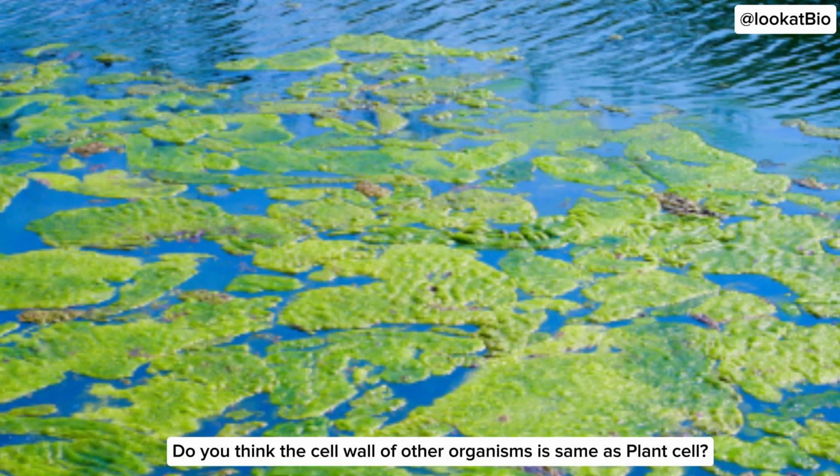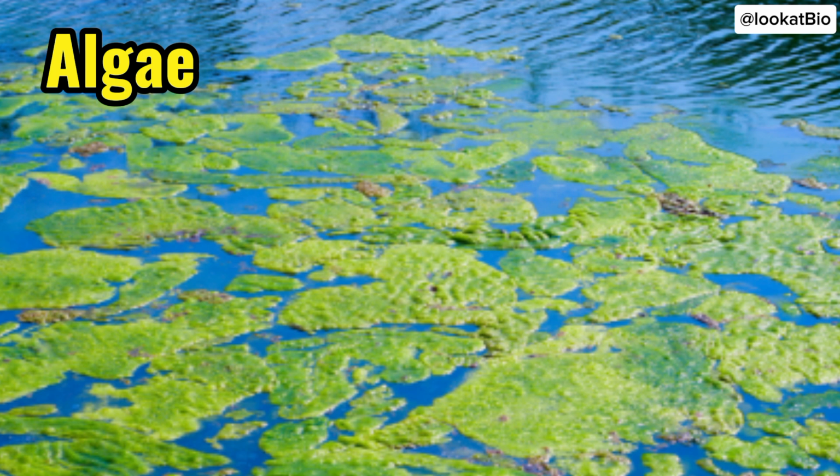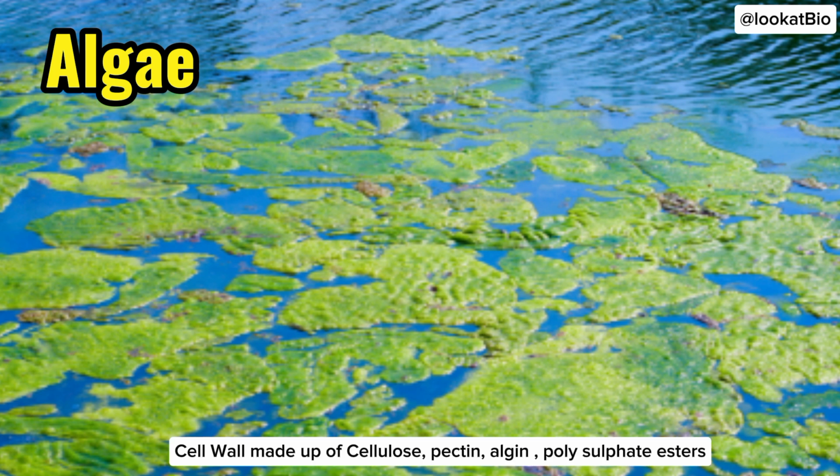Do you think the composition of the cell wall in other organisms would be the same as in the plant cells? Considering algae, the cell wall is made up of chemicals like cellulose, pectin, algin, and polysulfate esters.